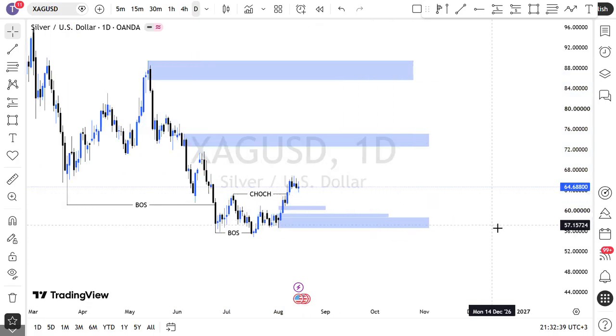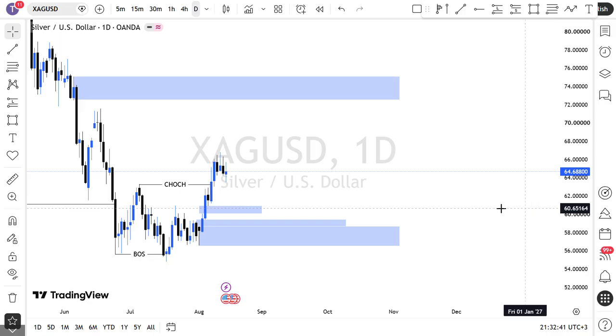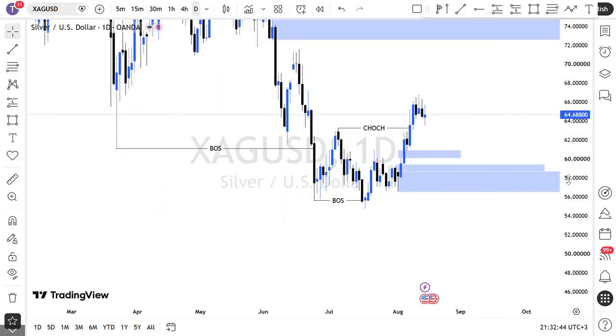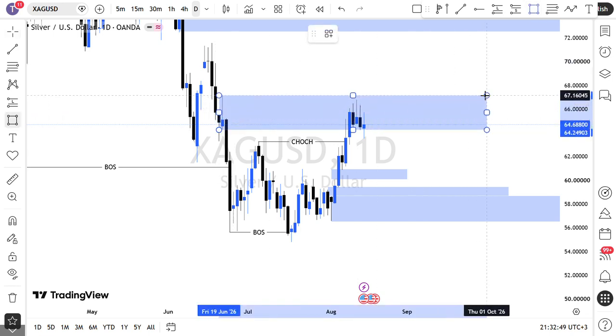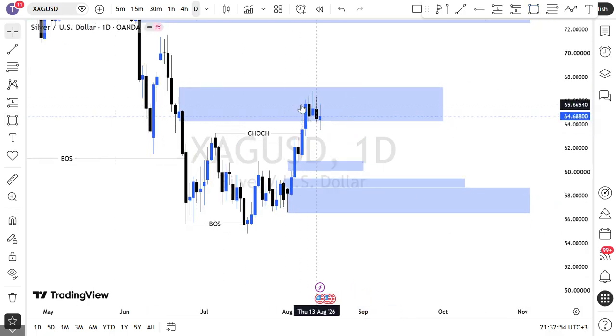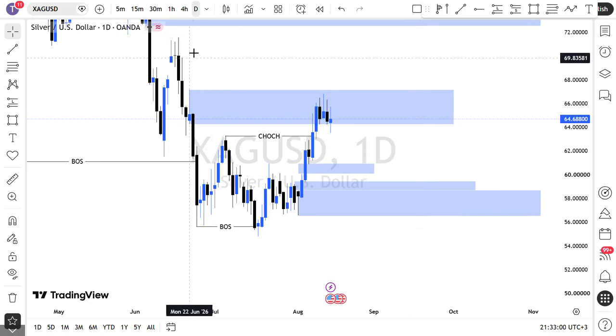So if I clear that, we need to see price having a pullback into this point. And inside the daily time frame, we have this daily order block where price is currently reacting from. And as for me, I anticipate that price will be reacting from that point, and then we have a pullback into these areas before we look for more buys to the upside.